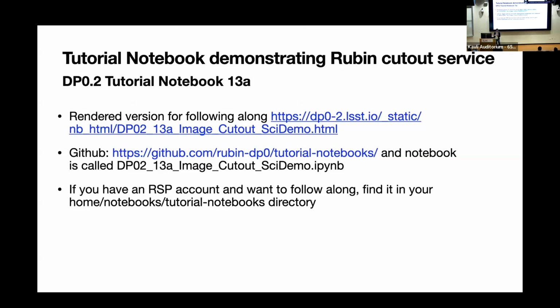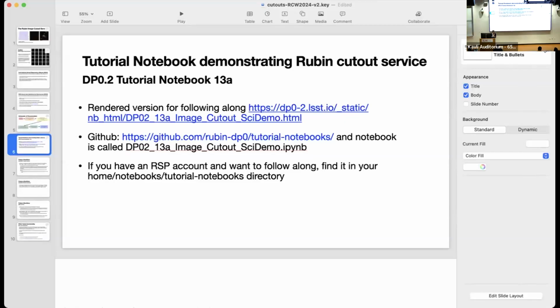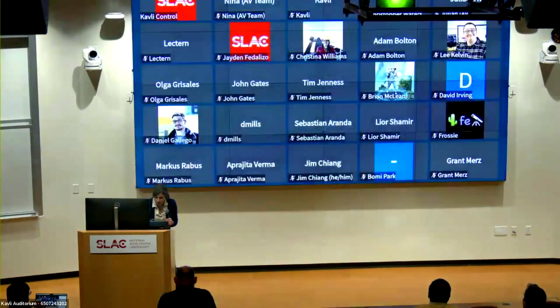It's the top link there. There's an HTML version that shows you all the output. Also, if you want to follow along, you can log into your Rubin Science Platform account, and your tutorial notebooks directory should already have a copy of this. All right, so I'm going to stop sharing here and change to share my screen in the Rubin Science Platform.